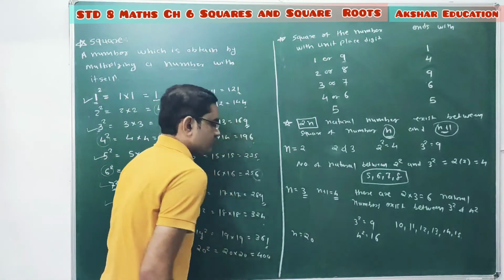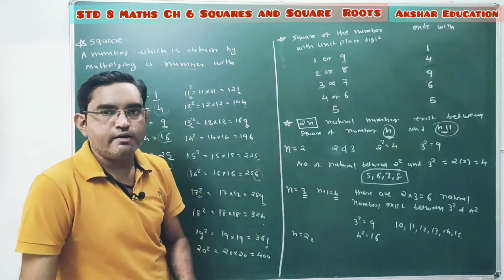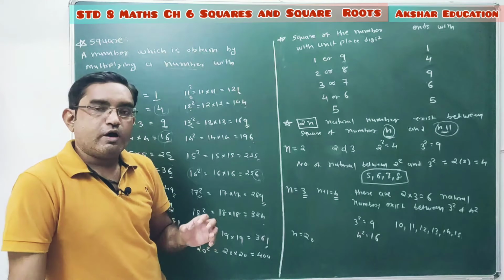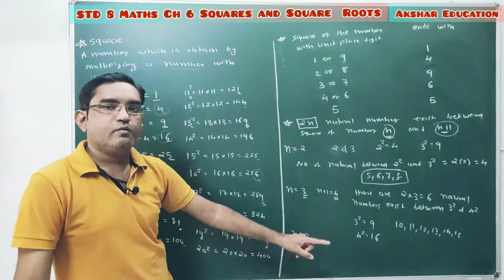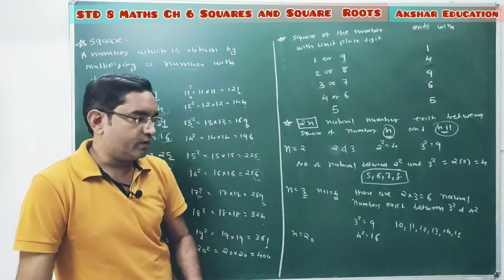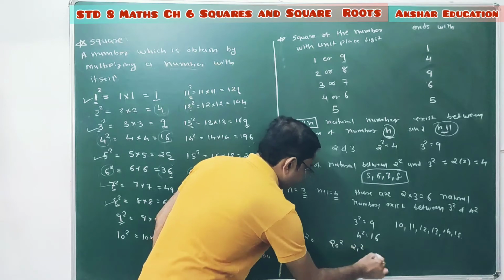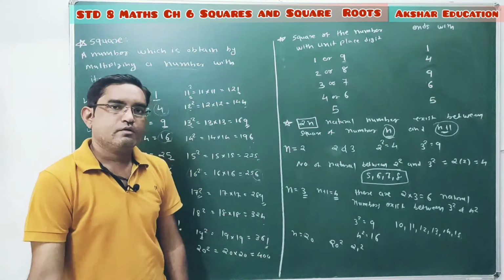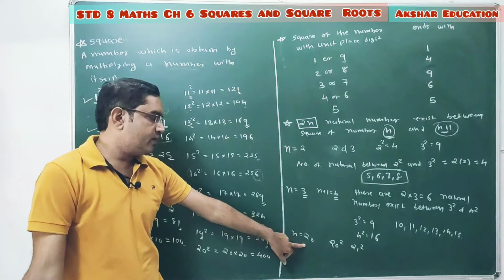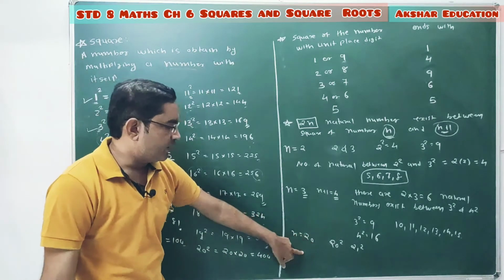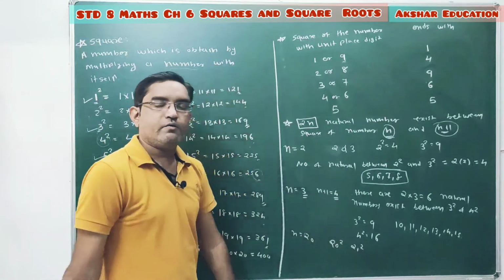Then what is the next number after 20? 21. So how many natural numbers are there between 20 square and 21 square? Here n equal to 20, so you have to consider twice of 20. So a total of 40 numbers are there between 20 square and 21 square.